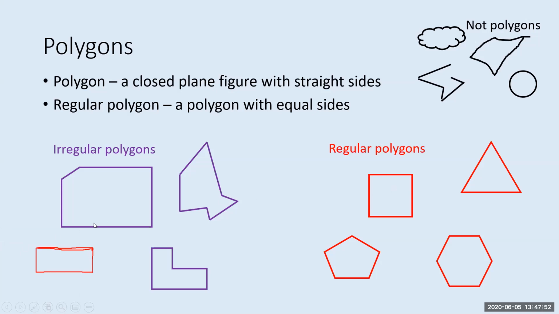Now let's look at these regular polygons. The first one we've got here is a four-sided shape where all four sides are equal. So that would be a square, like we just worked on in the warm-up problem.